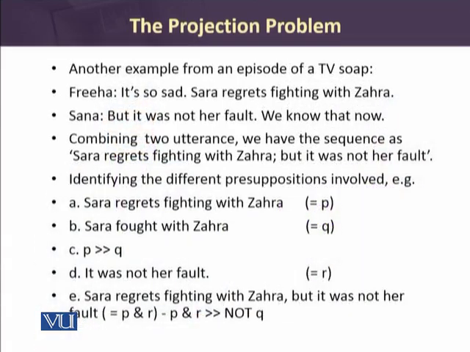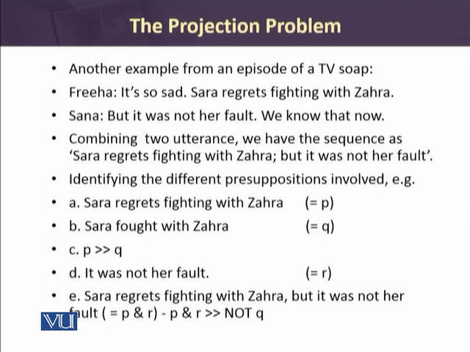Let's see another example, and this example is taken from an episode of a TV soap. In that episode, one character, Freya, says, "It's so sad. Sarah regrets fighting with Zahra." Sana, another character, says, "But it was not her fault. We knew that now."